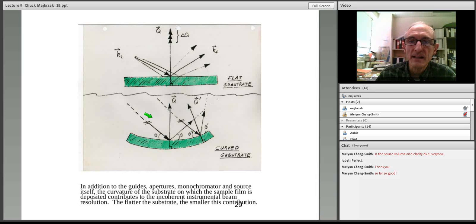So the curvature of the substrate has to be taken into account as part of that instrumental incoherent beam resolution. And of course, the flatter the substrate, the less this contributes and the less it degrades the resolution. So flat is good. It's flatlined.